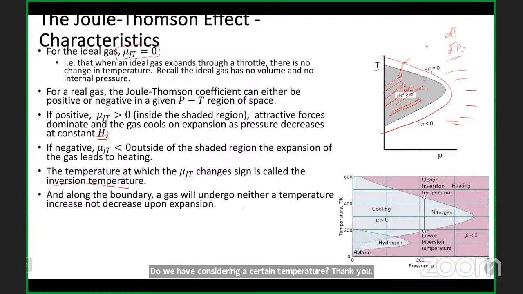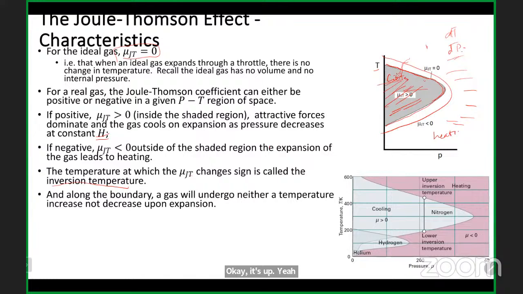Along the boundary, the gas will undergo no temperature change on expansion. It cools here and then it heats up here.